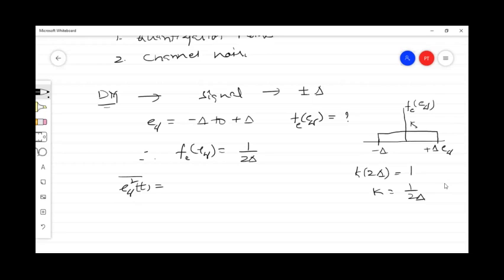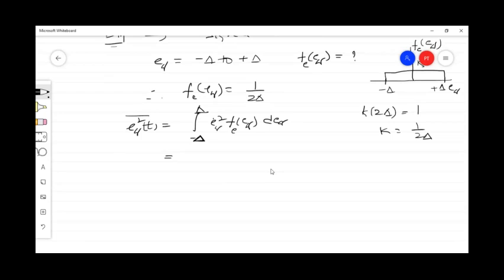The mean square value is obtained by integrating between minus delta to plus delta the error component squared into its probability density function, fe of eq into deq. Now we know the probability density function, so it is the integral from minus delta to plus delta of eq squared times 1 by 2 delta deq.